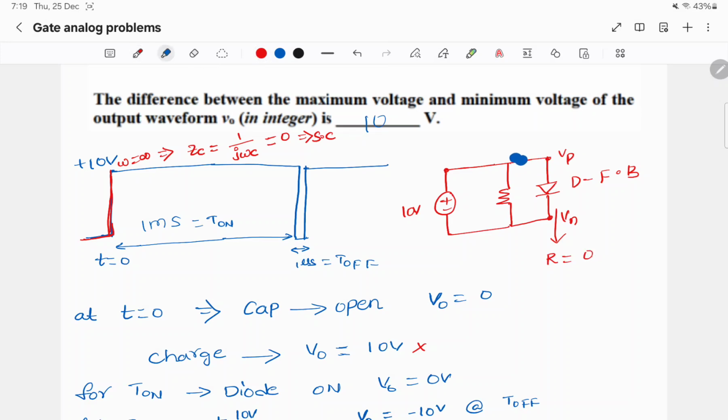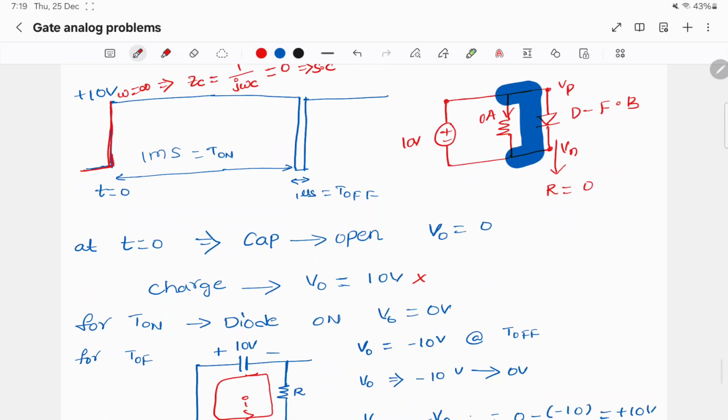So this will be a short circuit. So no current will flow through this resistor. The current will be 0 here. So throughout the on period of the cycle, V0 will be 0 volts.